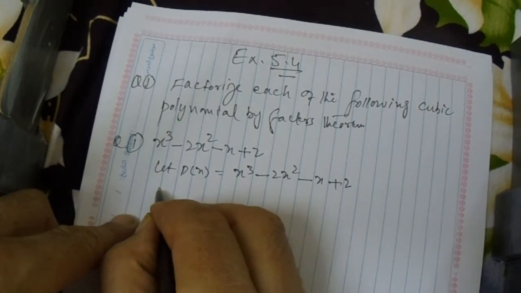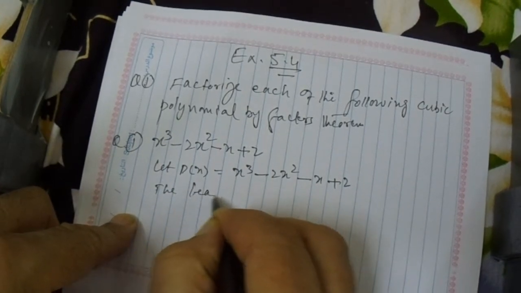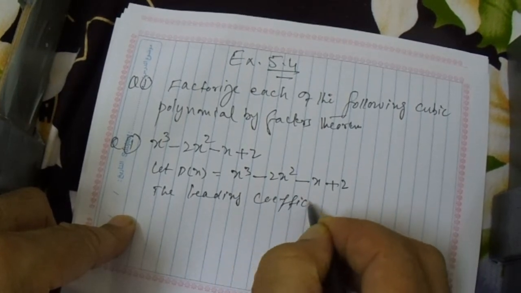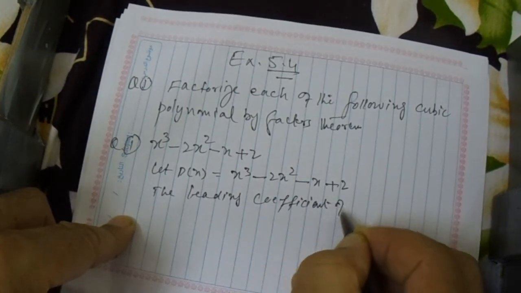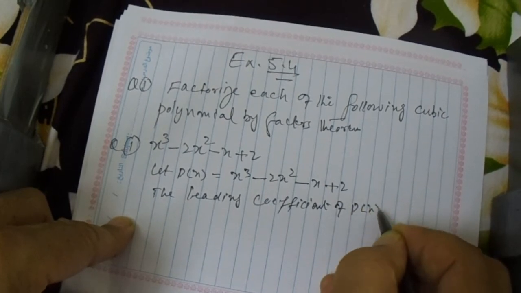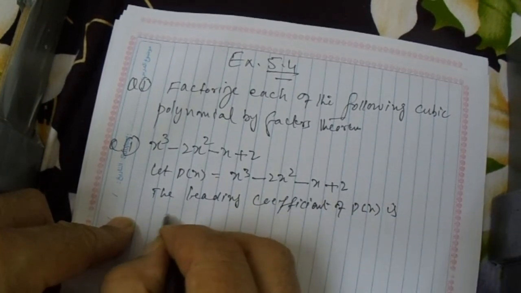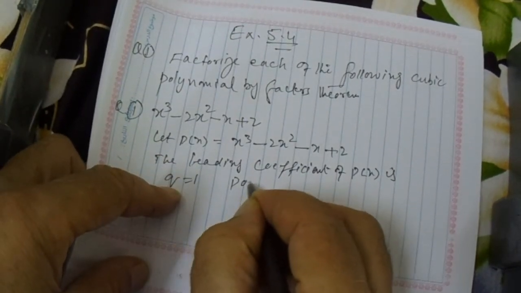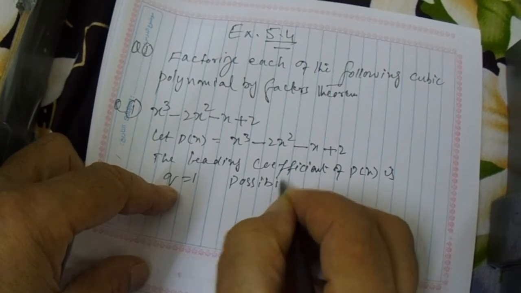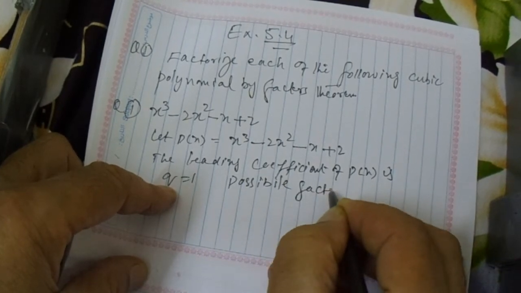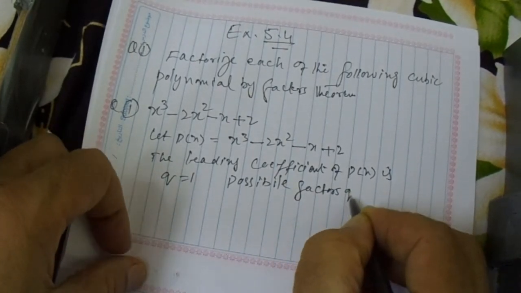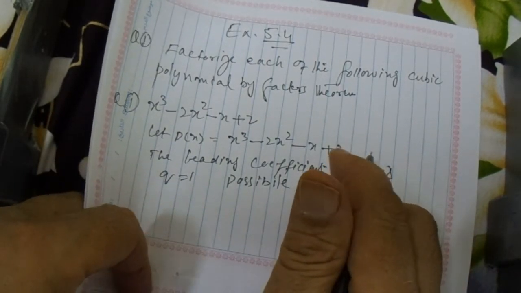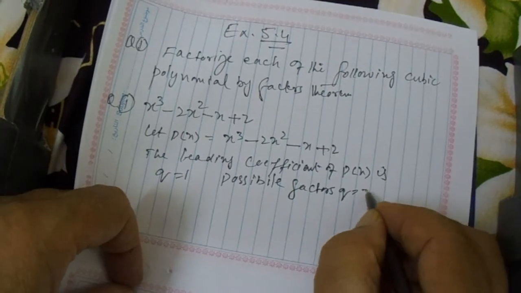Now the leading coefficient of p(x) is 1, so q = 1. Now the possible factors of q are ±1.